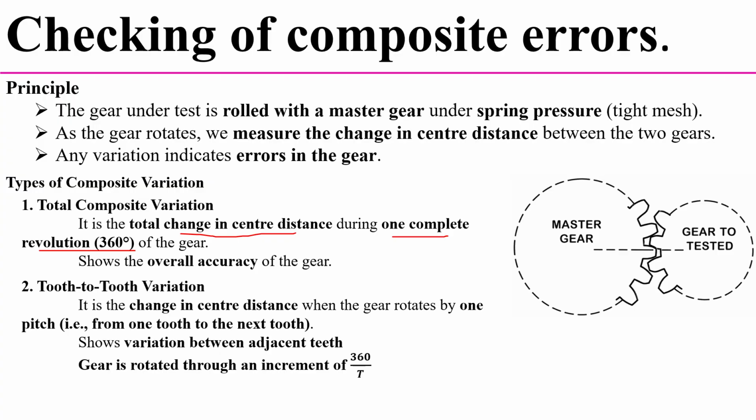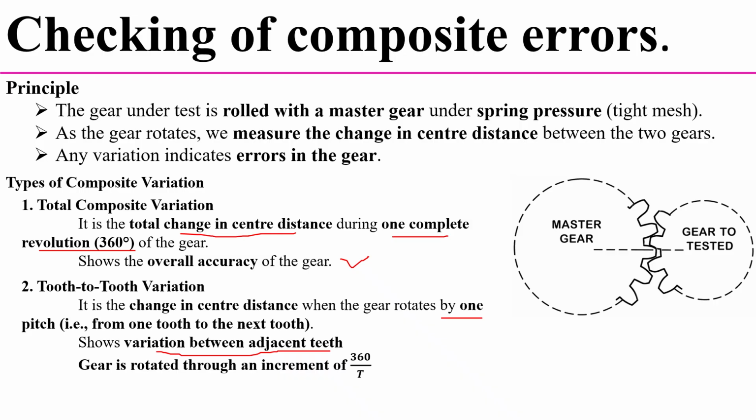So it shows the overall accuracy of the gear. The second type, the tooth to tooth variation, is the change in center distance when the gear rotates by one pitch. So it shows the variation between adjacent teeth.